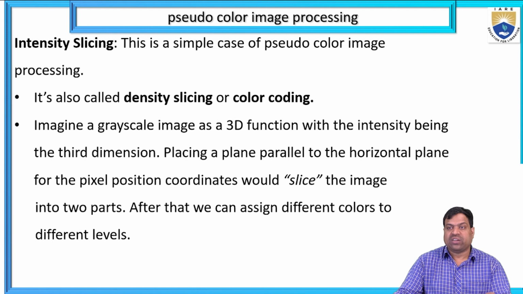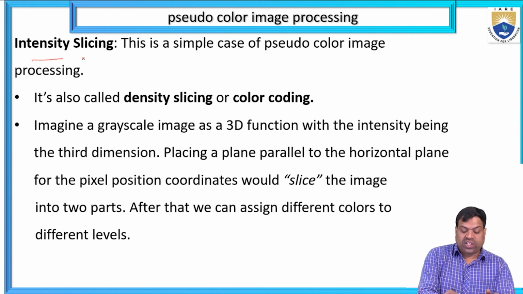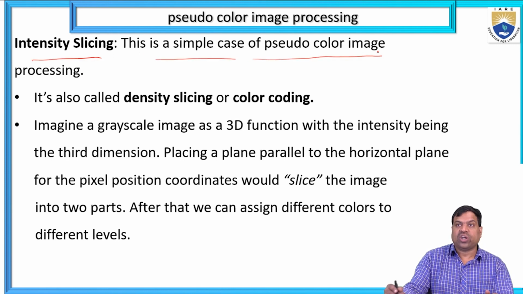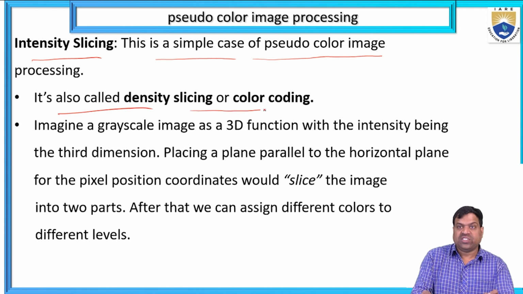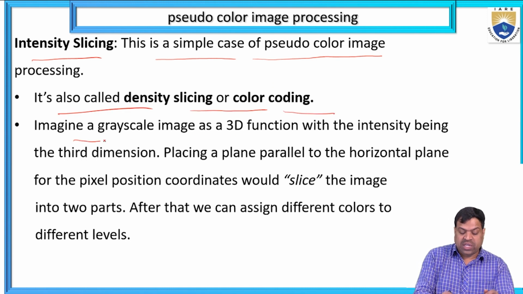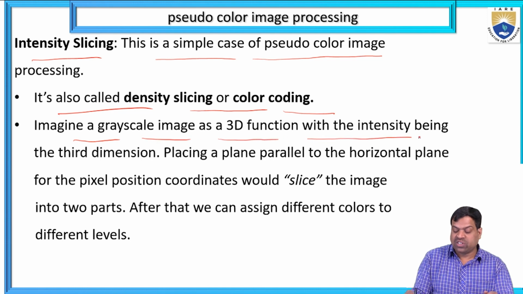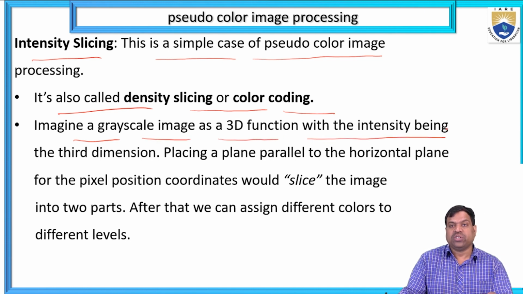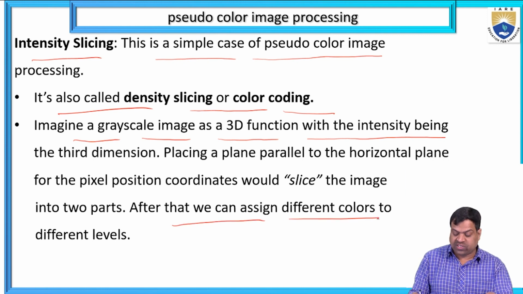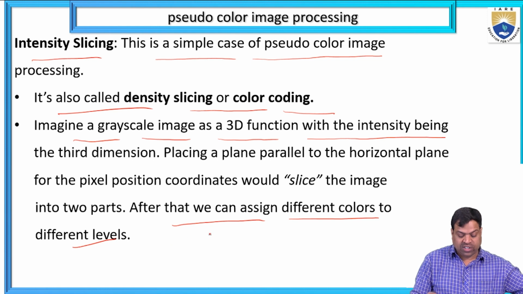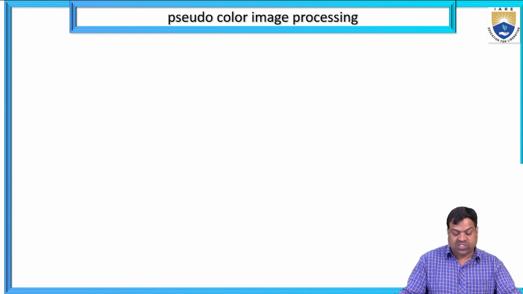Placing a plane parallel to the horizontal plane of the pixel position coordinates would slice the image into two parts. After that, we can assign different colors to the different levels. That is also intensity slicing.